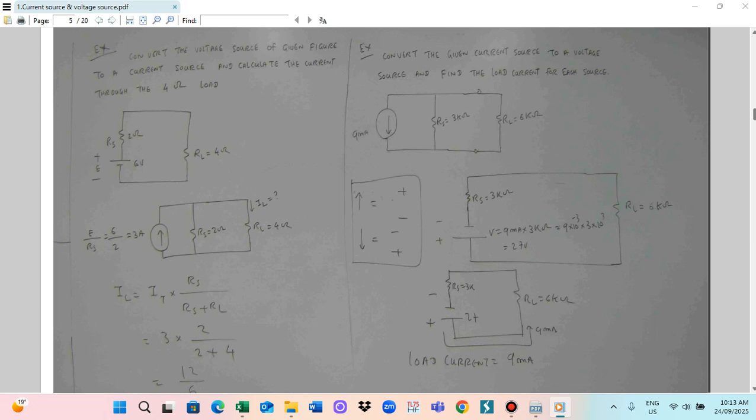Now we can find this one here. It's negative and positive, so 27 volt. RS is equal to 3 kilo ohm, and RF is equal to 6 kilo ohm.